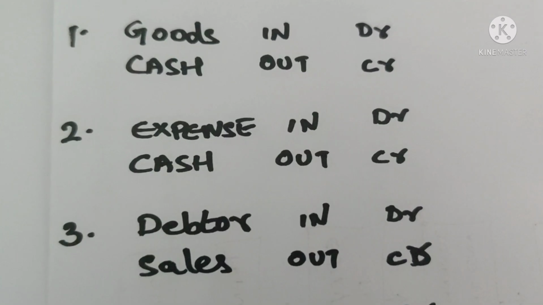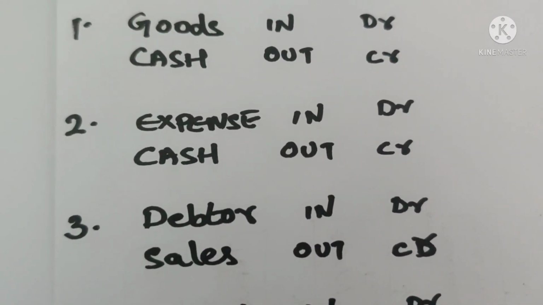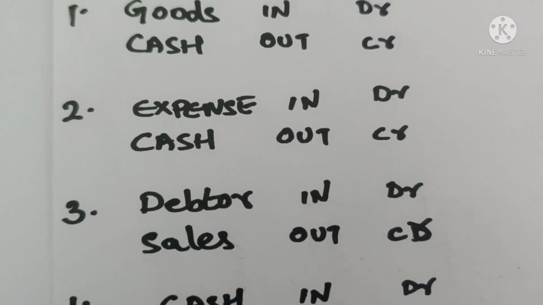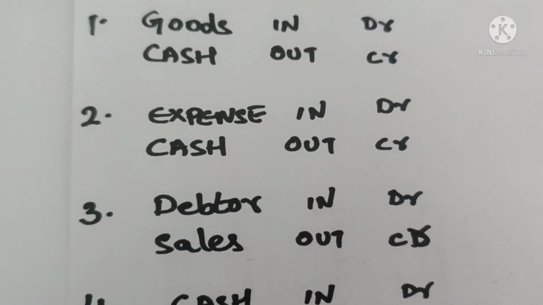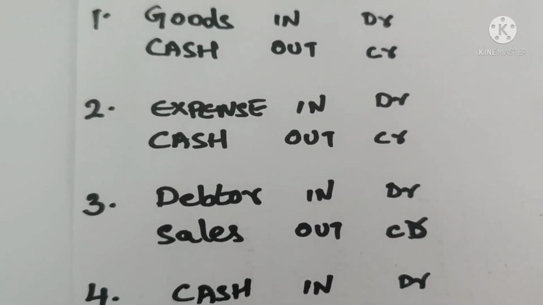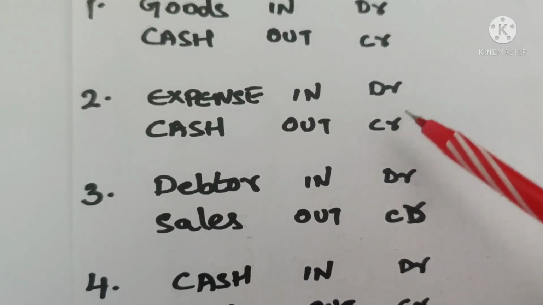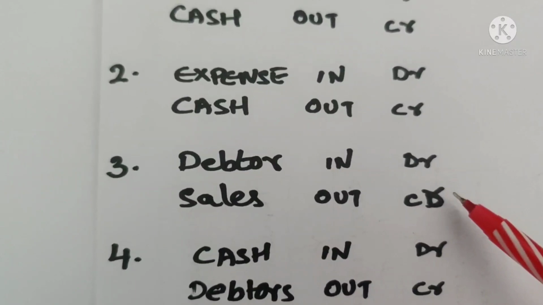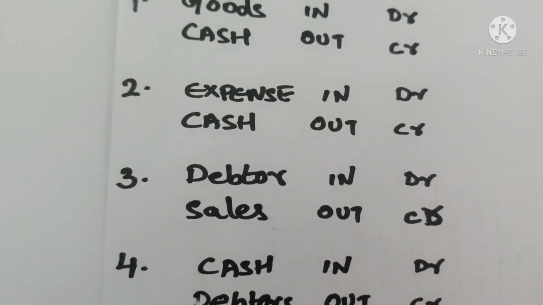To make the transaction simpler, you can see on the screen how it is showing, for each and every transaction, what is coming in and what is going out. In first, goods in, cash out. Second, expense in, cash out. Third, debtors in, sales out. Fourth, cash in, debtors out.